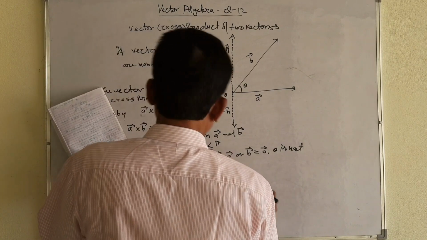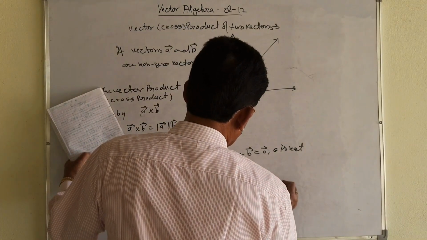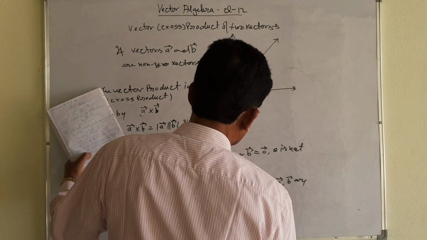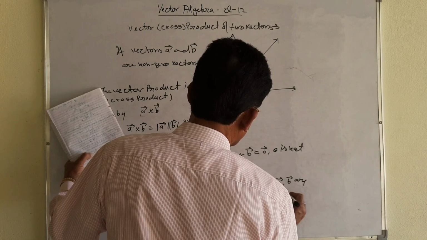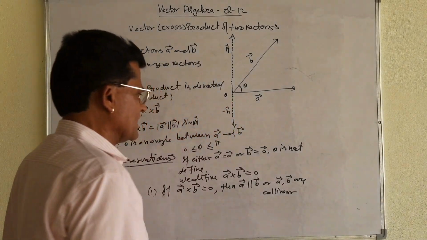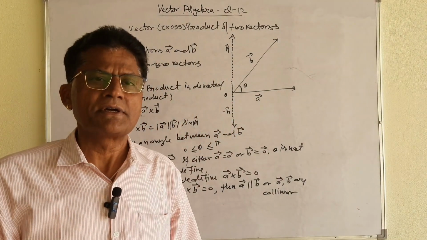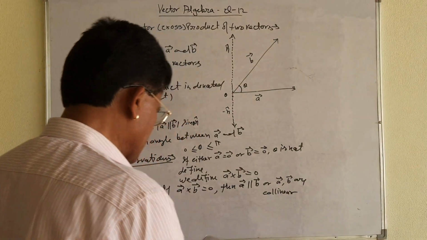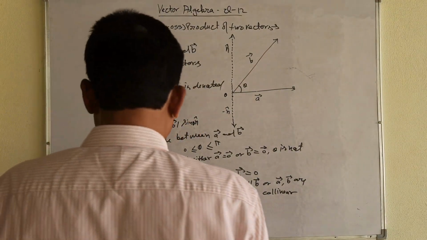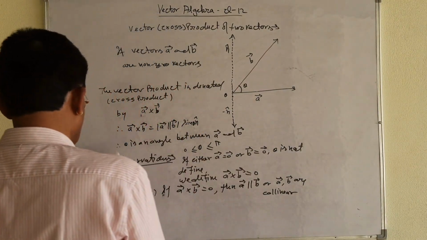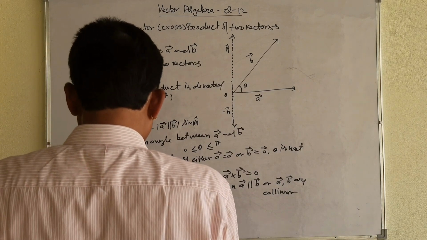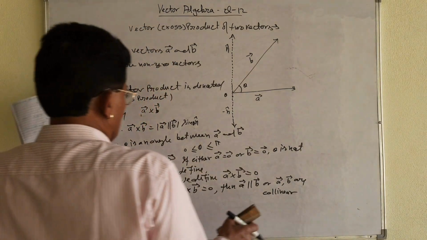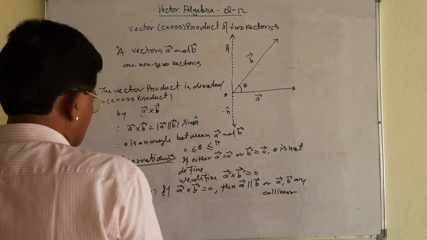Both vectors may be collinear, or vectors A, B are collinear. Either they will be parallel or they will be collinear to each other. I will tell you one more thing which is very, very important. First of all, I will discuss the result related with this one. In both the cases you must keep in mind.